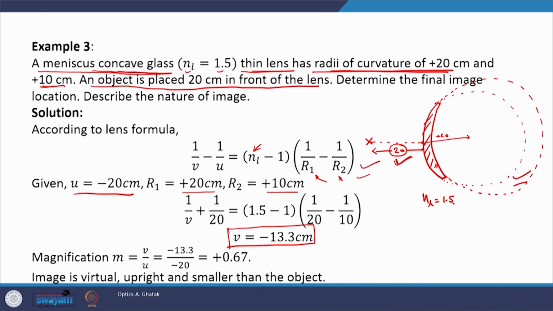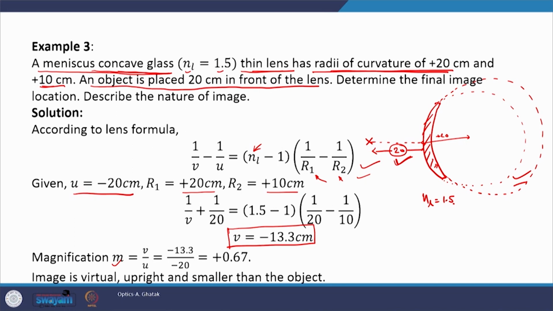Now, once U and V are known, we can calculate magnification, which is equal to V by U, or equal to the height of the image upon height of the object.